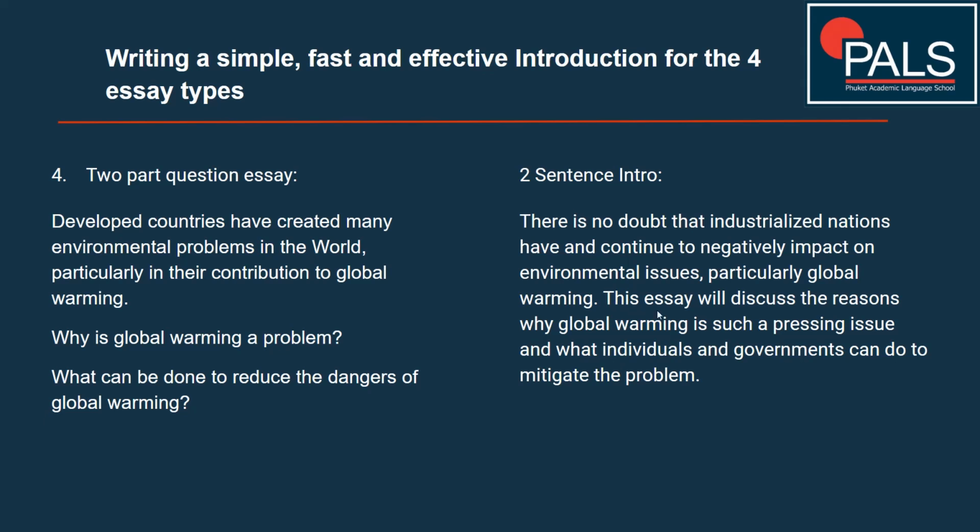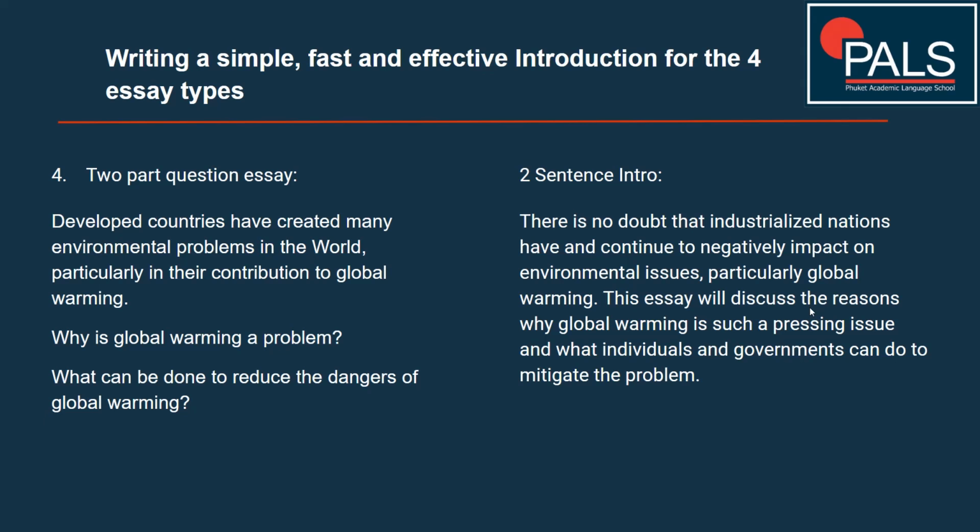In your second sentence, you just say what you're gonna do. It's as simple as that. The essay will discuss question 1, the reasons why global warming is such a pressing issue, and question 2, what individuals and governments can do to mitigate or reduce, try to reduce. Mitigate means to try to reduce something.